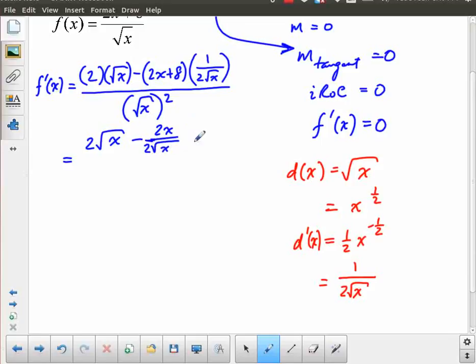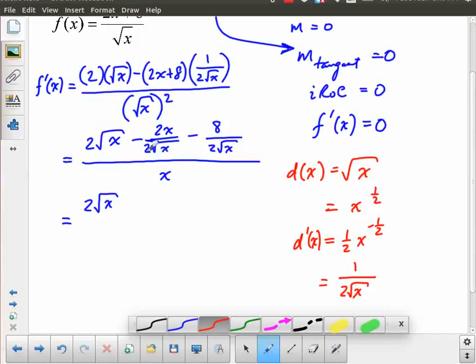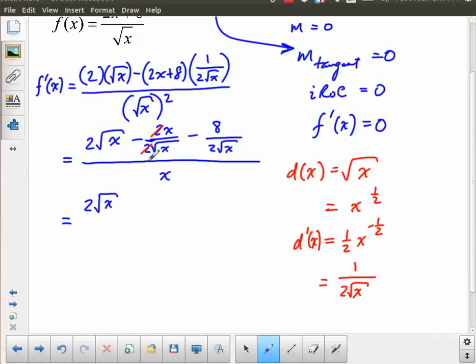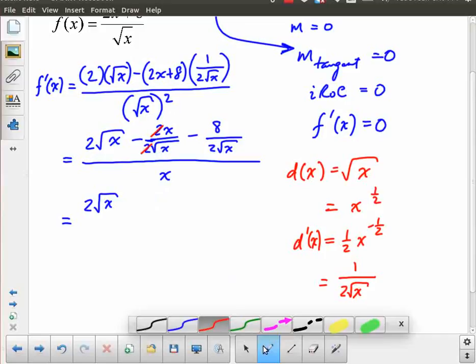And then the 8, it's going to be minus 8 over 2 root x, all divided by square root of x all squared, which is simply x. So we're going to have to do some simplifying here. 2 root x, and maybe I can do some simplifying right here because I can see those 2's are going to divide out. Now what about this?